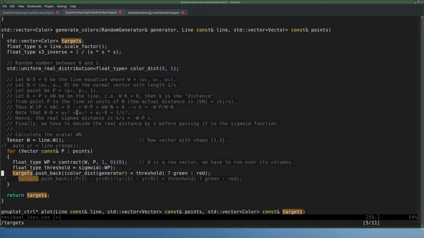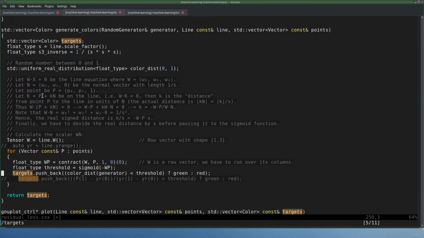Okay, so we have a random point P. We add K times the normal and then we end up on the line. That means in my book that if K is positive, then P is in the negative direction of N. So then P was red.